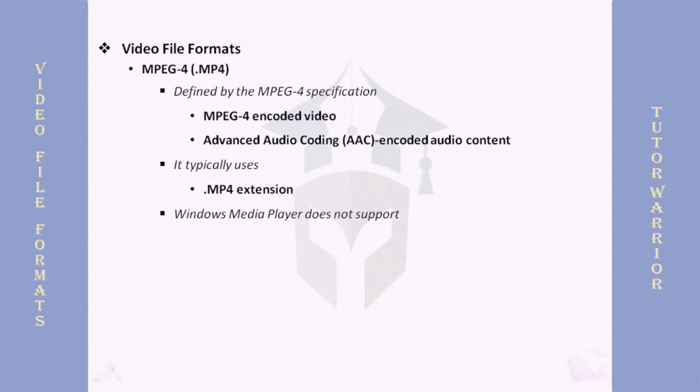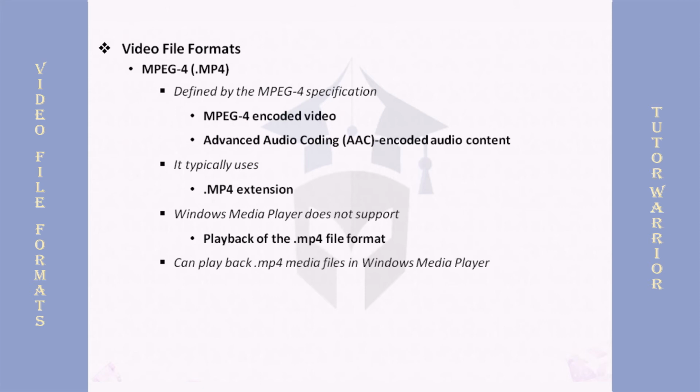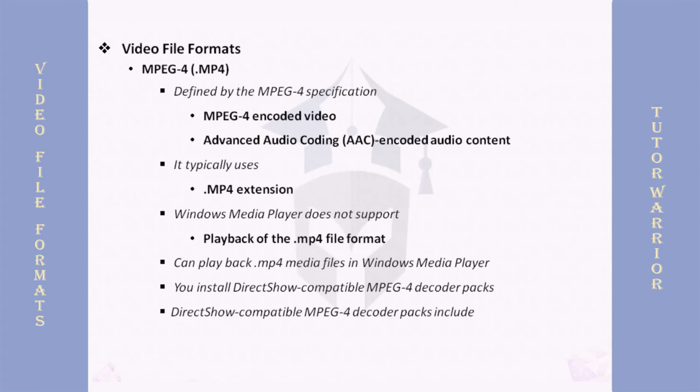Windows Media Player does not support the playback of the .mp4 file format. You can play back .mp4 media files in Windows Media Player when you install DirectShow compatible MPEG-4 decoder packs. DirectShow compatible MPEG-4 decoder packs include the Ligos LSX MPEG player and the NVIVO TV.